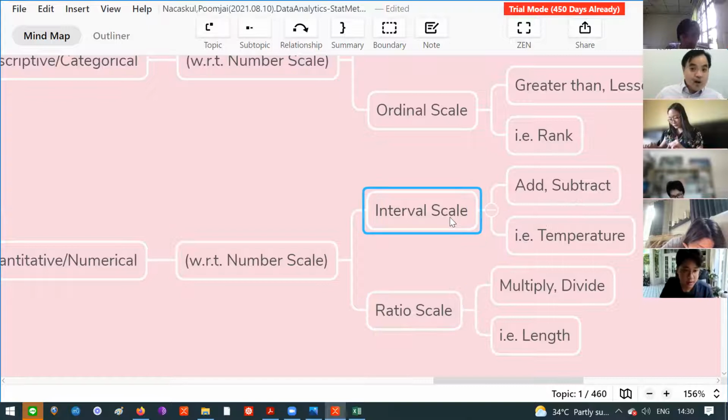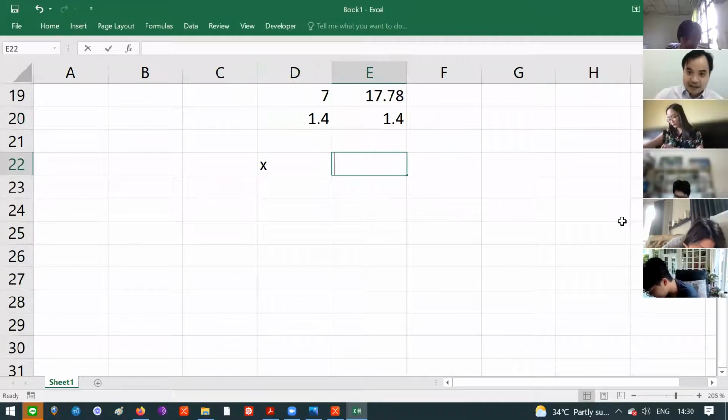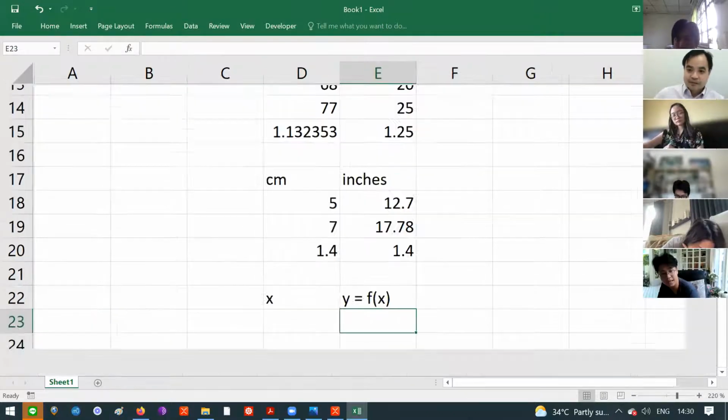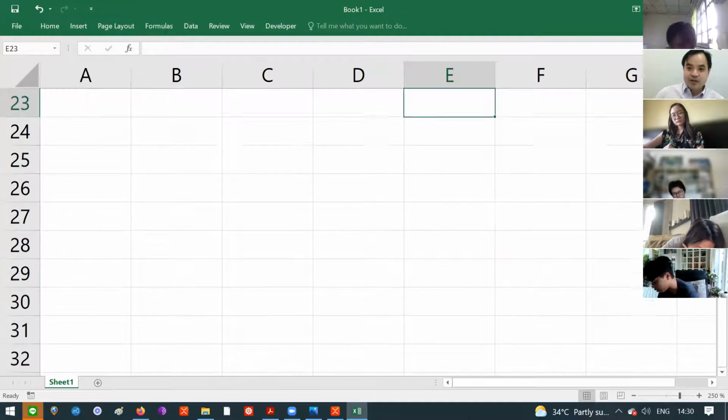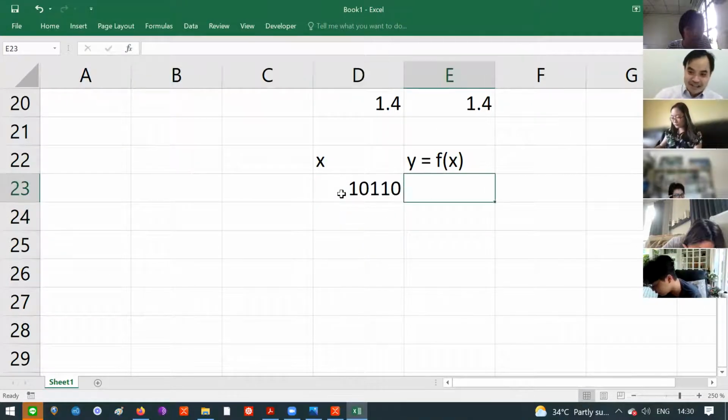It could be based on interval scale, in which case you can't compare ratio. So just because you end up with a number, basically your model is going to be something like this, x, and then f of x. This is all your model is going to be, and this is going to be some number. But if your number is this, does this make sense?